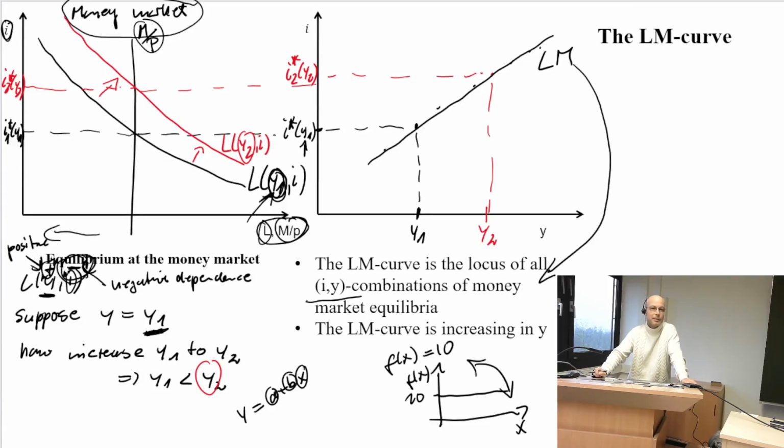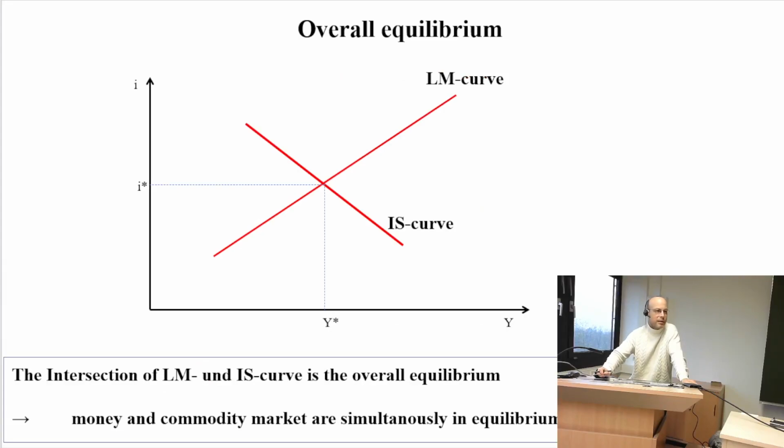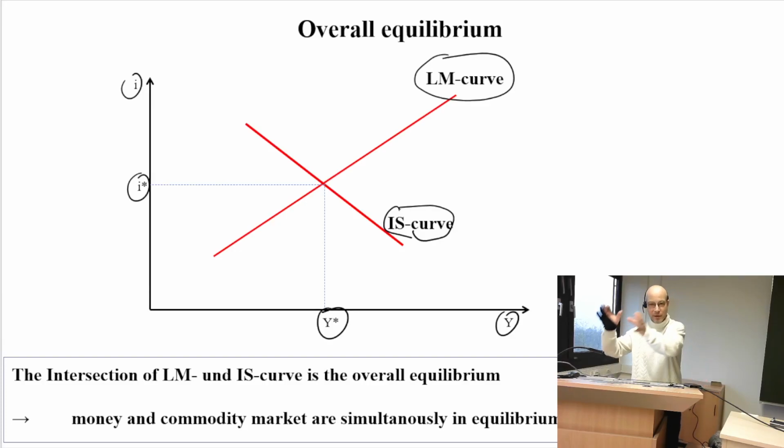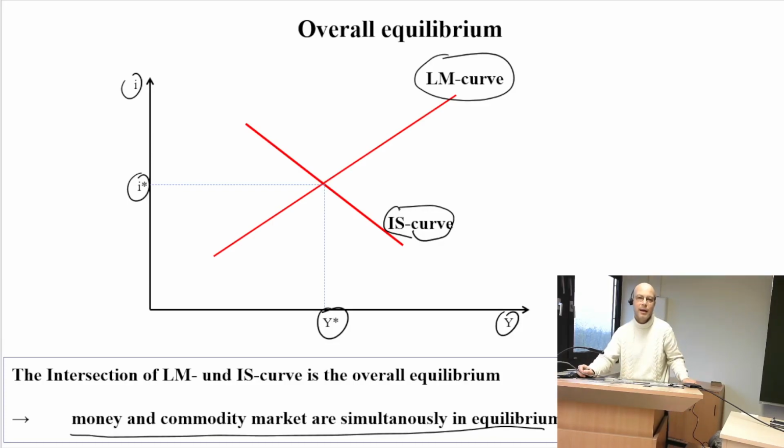Well, and now, we put these two curves together in a y-i diagram. So these are all possible equilibria at the money market, and these are all possible equilibria at the commodity market. And then, of course, the intersection of both curves gives us the overall equilibrium where simultaneously both markets are in equilibrium.